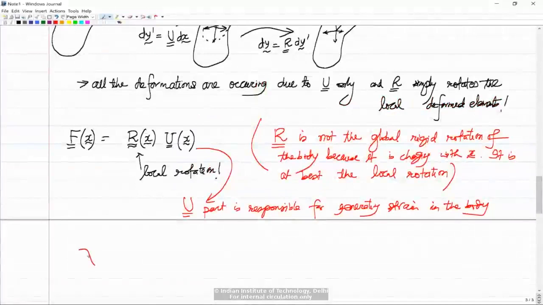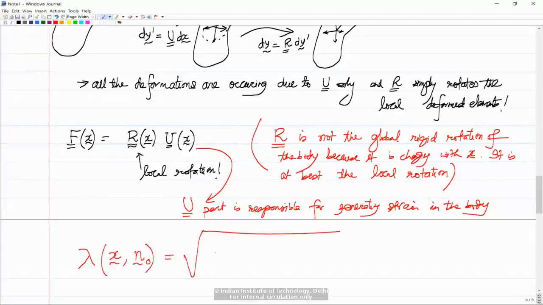You remember that stretch lambda at a point x, for a line element directed along n naught, was square root of F transpose F, which is U square, n naught dot with n naught, right?